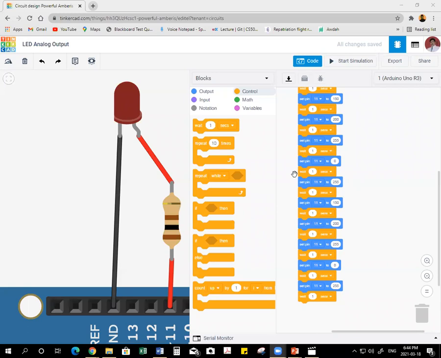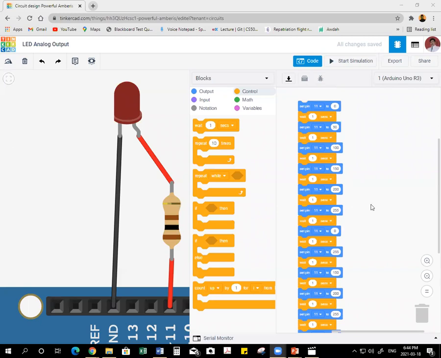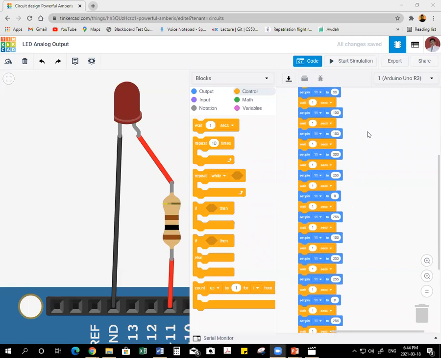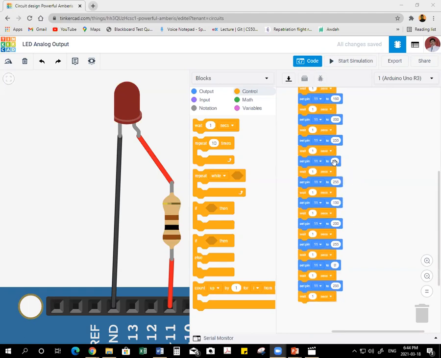Okay, I set back to the previous position, that is with different blocks. So up to 255. Again, from 255, I will go to 200. Next 150.